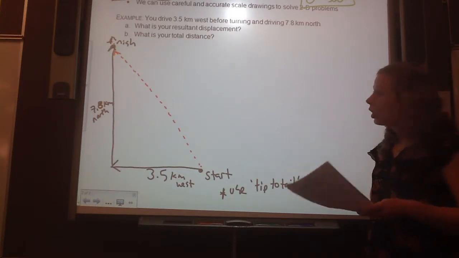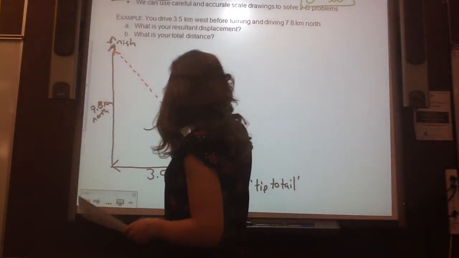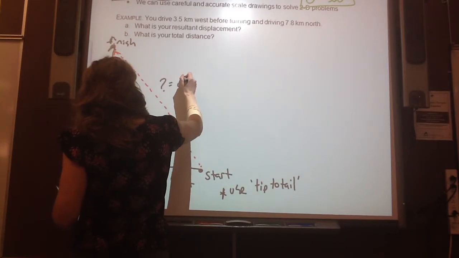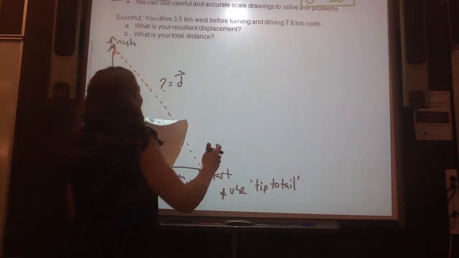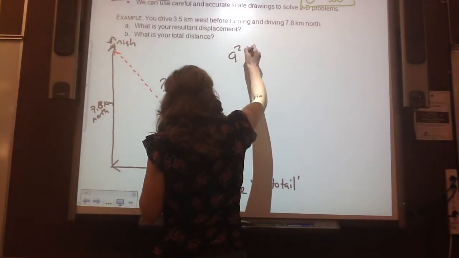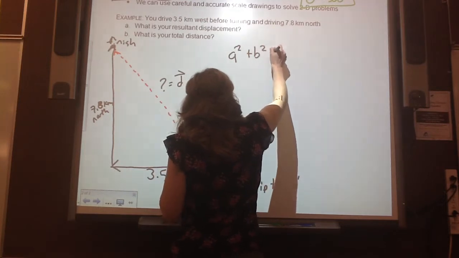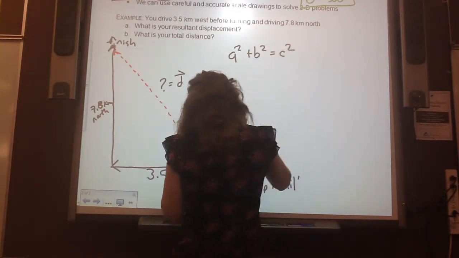Okay, so A, what is my displacement? This is my displacement. How do I find displacement? What kind of theory could I use to figure out that line? Pythagorean theorem. Awesome. So, a squared plus b squared equals c squared.